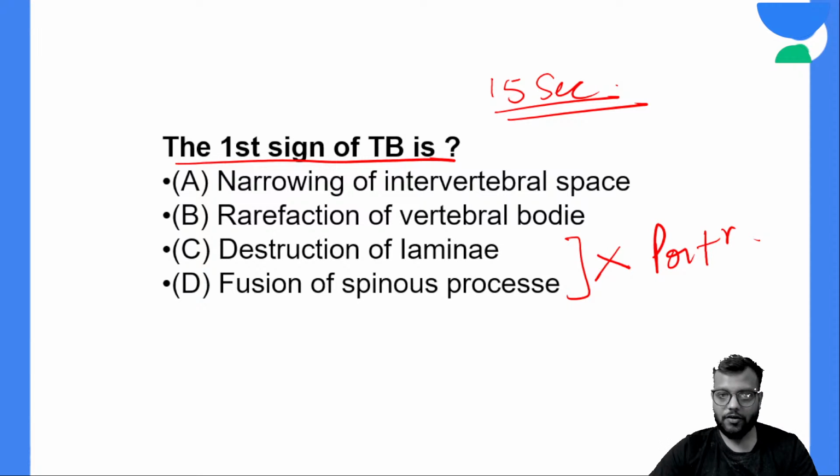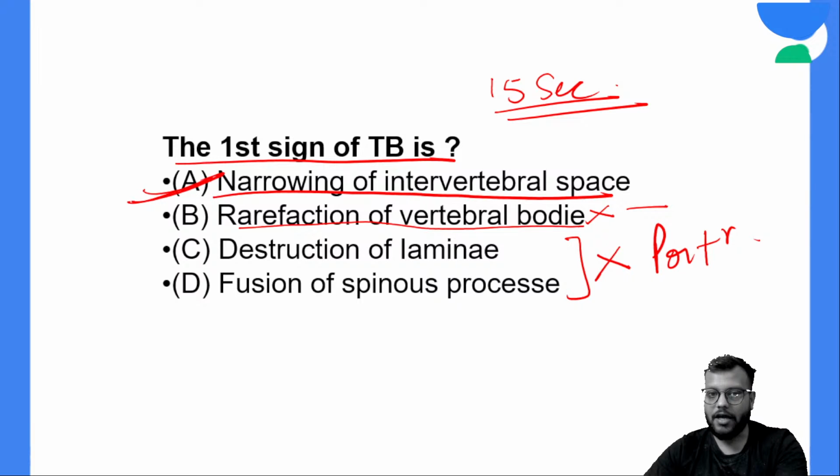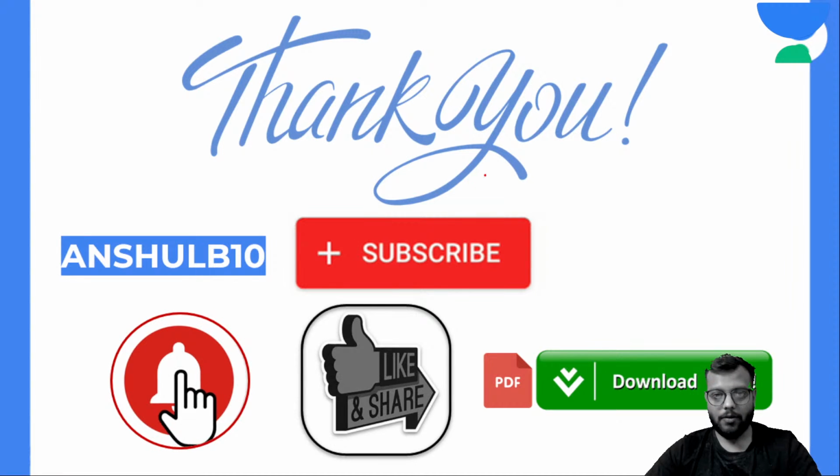Rarefaction of the vertebral body and narrowing of the intervertebral space. Rarefaction of the vertebral body is also a late feature seen in the CT and the X-rays. So the answer of this question will be the narrowing of the intervertebral space. Okay, so that was all about today's session.